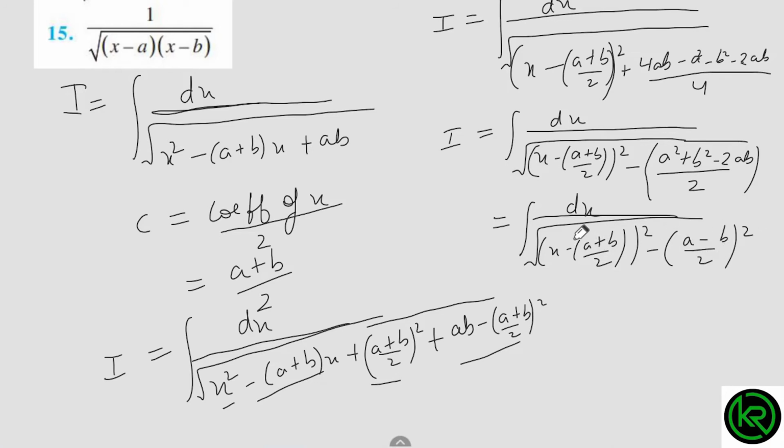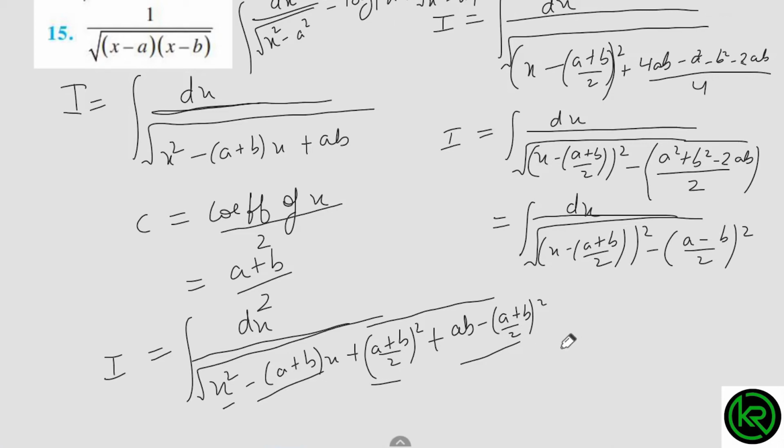So students, we have to remind our formula, this dx upon under root x square minus a square, and its formula is log x plus under root x square minus a square plus c.